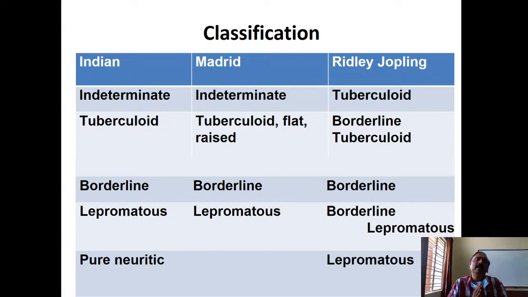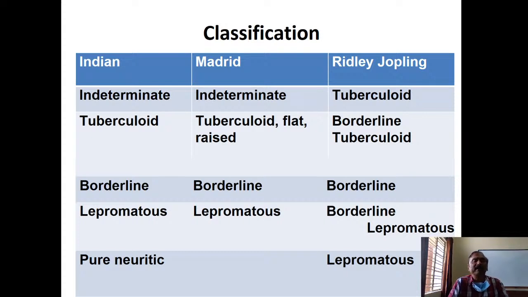But in India, we have people who do not have a patch and land up with leprosy. That is a pure neuritic type, and that is the reason why in India the classification is slightly different. We have indeterminate, tuberculoid, borderline, lepromatous.